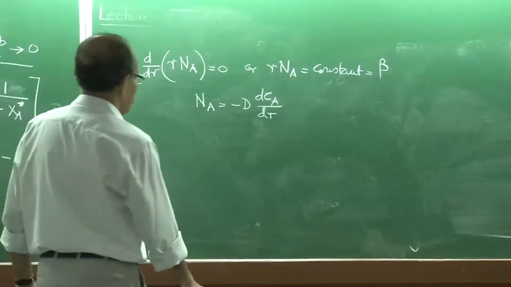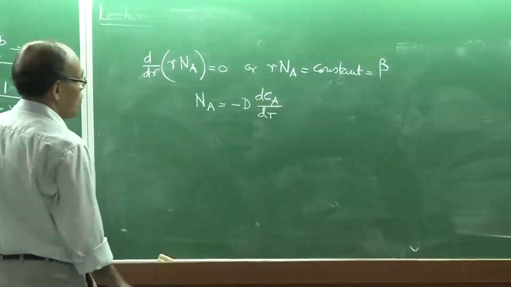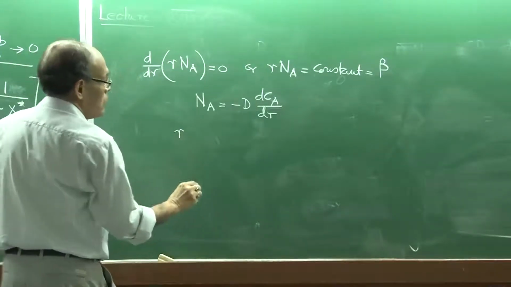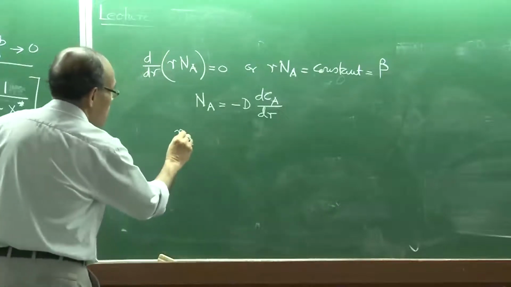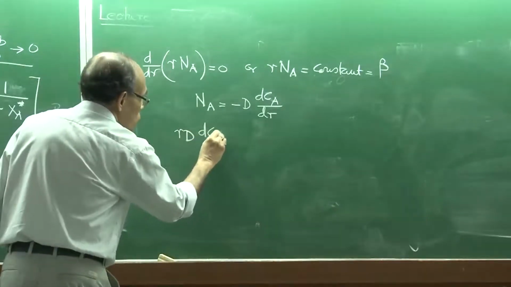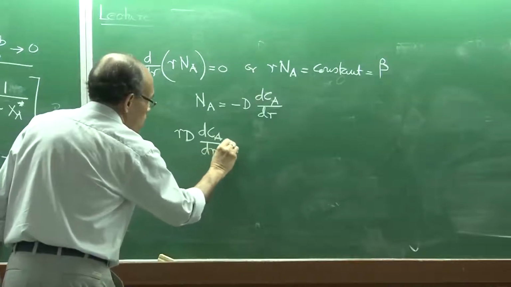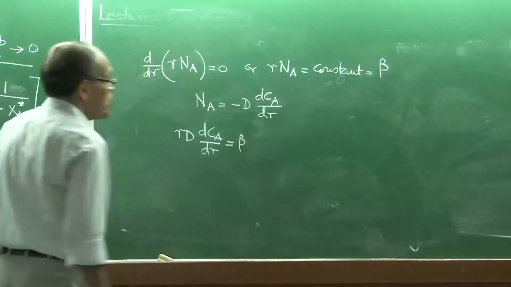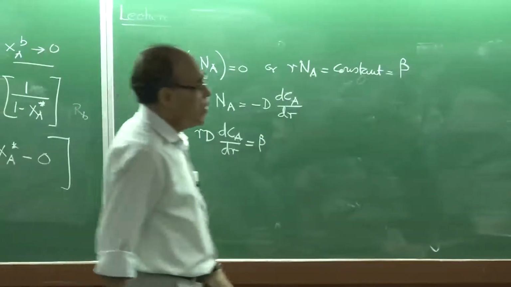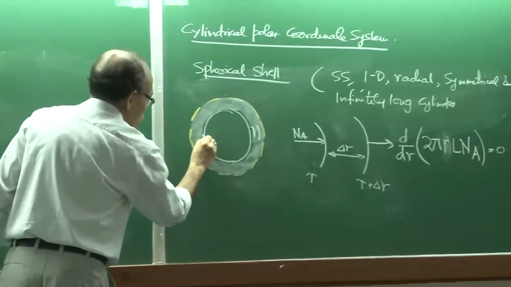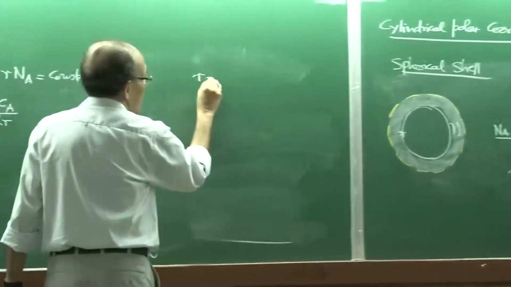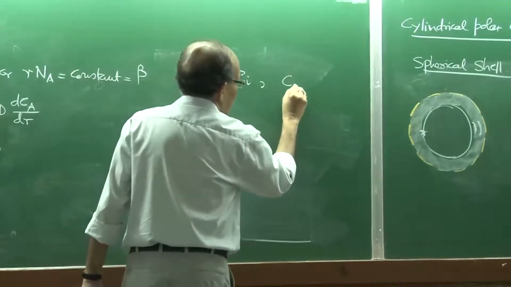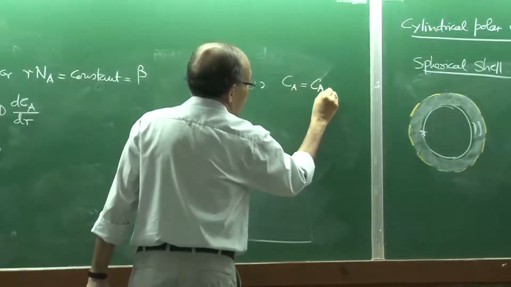And if you look at this particular equation, therefore, we can say that, once you have written this equation, at R equal to Ri, the inside boundary, the concentration of A is equal to CAi.